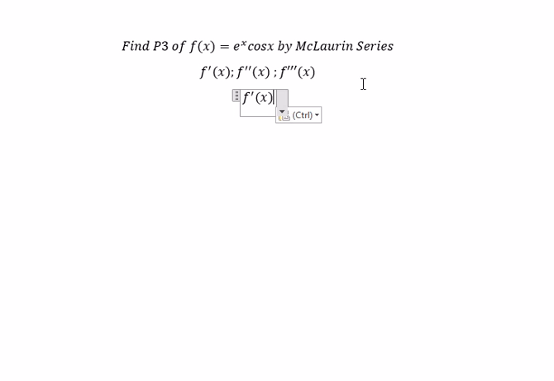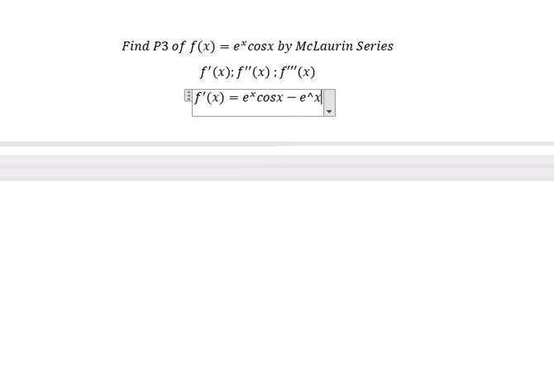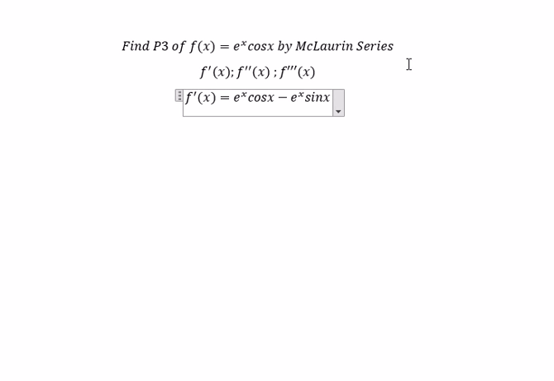For the first derivative of the function, you will get e to the power of x cosine x minus e to the power of x sine x. Next, we go into the second derivative of the function.